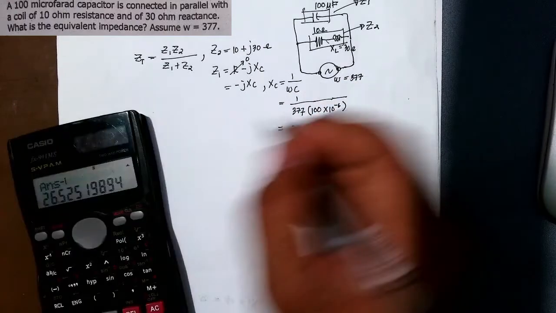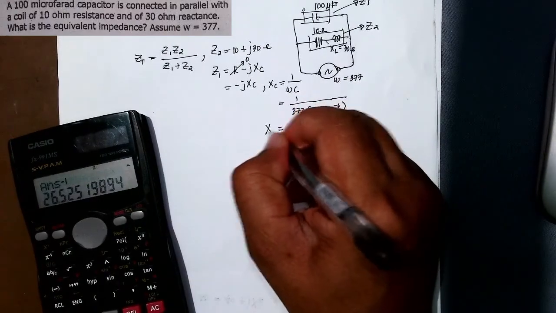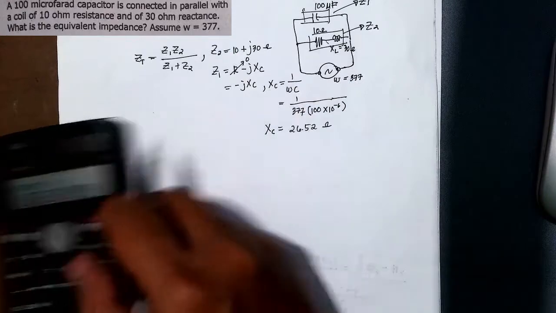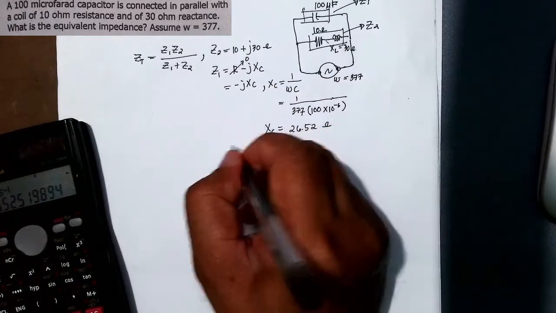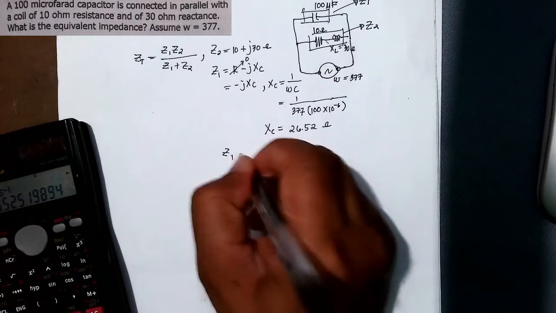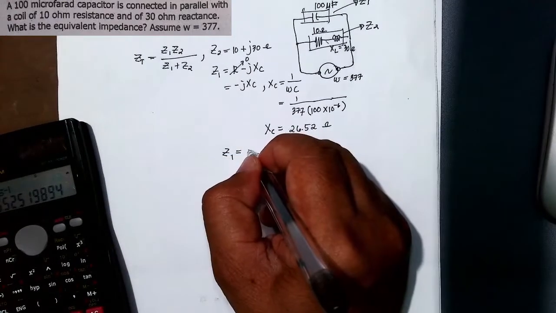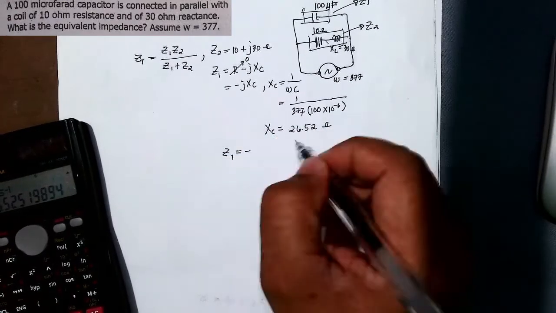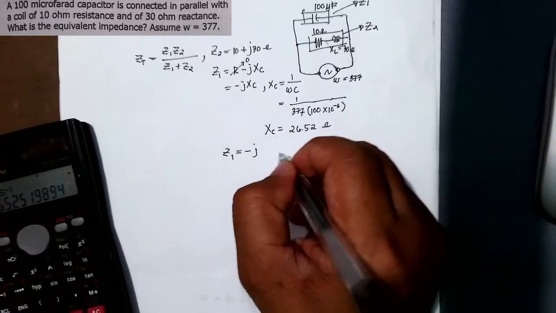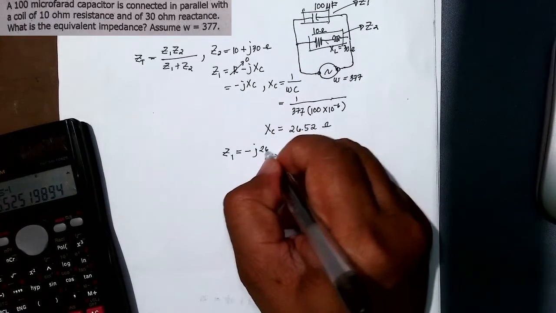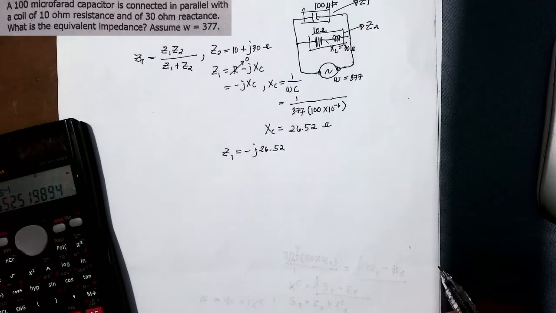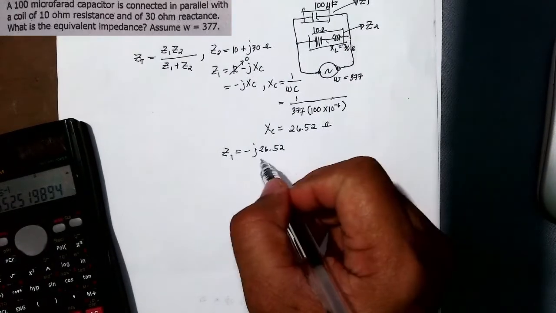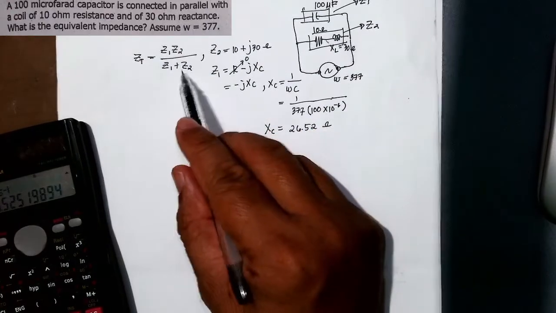That is your X sub C. Since we are looking for Z1, this will be negative J X sub C, so that will be negative J 26.52. So we now have a value for Z sub 1, so we can use this now.